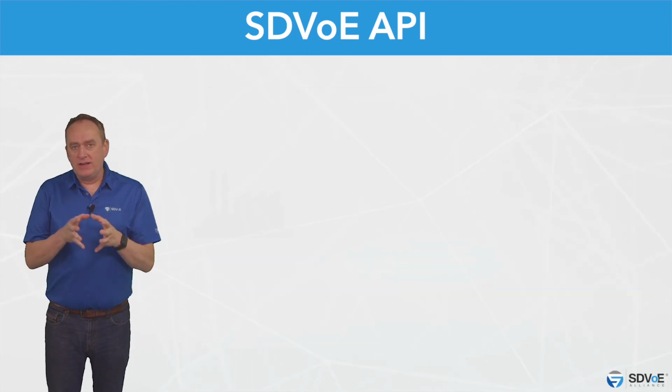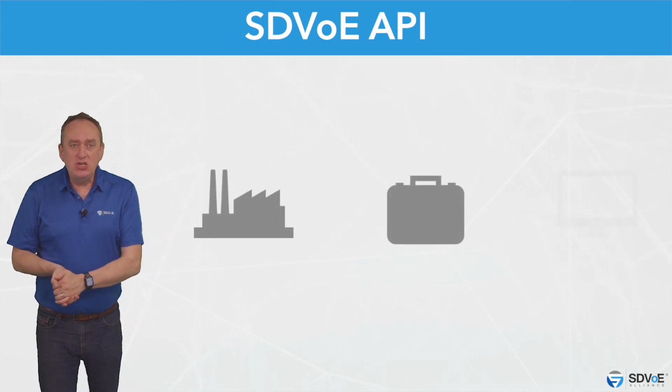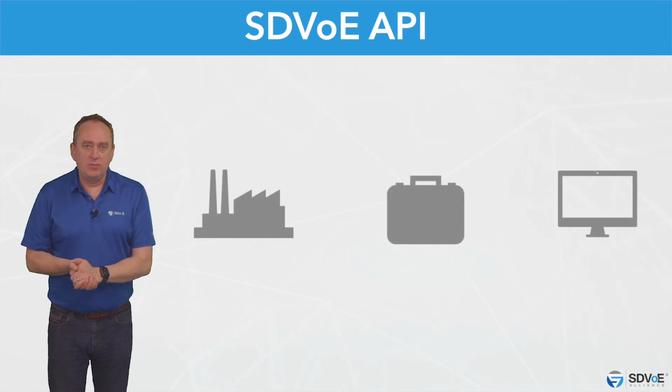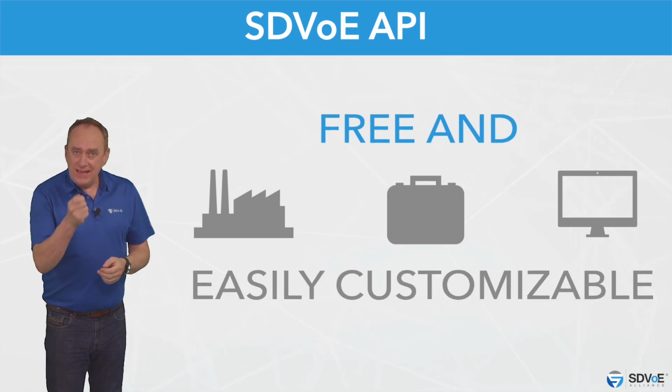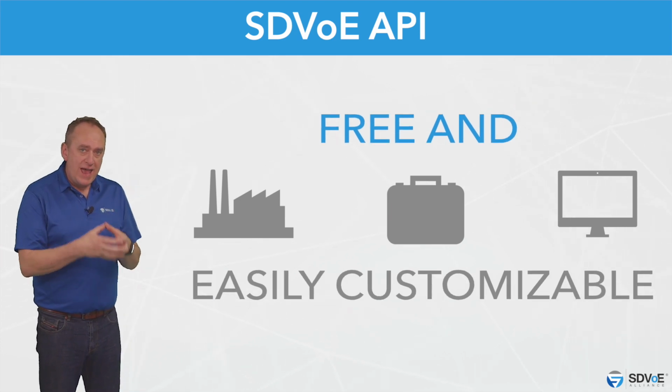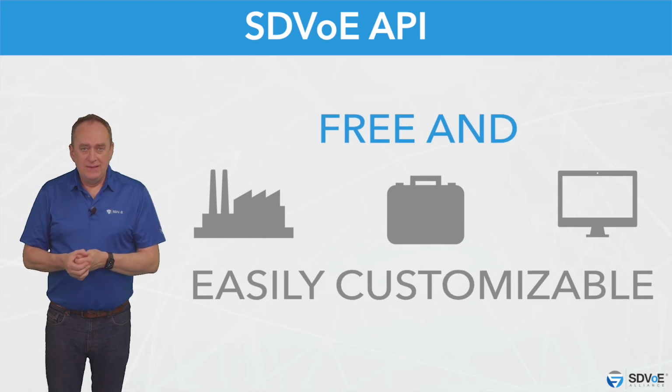This provides manufacturers, resellers, and users of SDVoE-based equipment a free and easily customizable baseline AV control software that can be repackaged to deliver a wide variety of highly targeted user interface experiences.